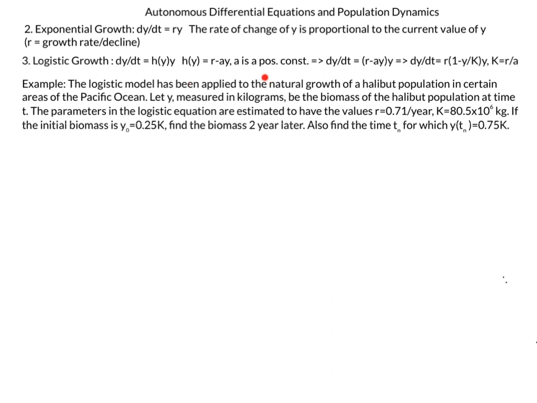Let y measure in kilograms the biomass of the halibut population at time t. The parameters in the logistic equation are estimated to have values of r equals 0.71 per year, and k equal to 80.5 times 10 to the 6 kilograms. If the initial biomass is y naught equals 0.25k, find the biomass 2 years later. Also find the time tn for which y of tn is equal to 0.75k.